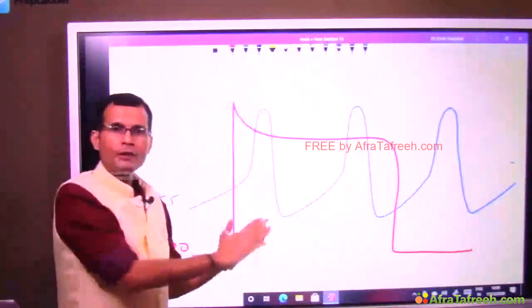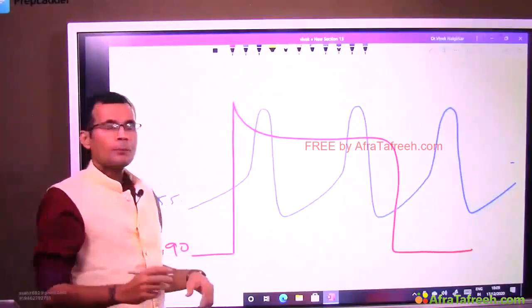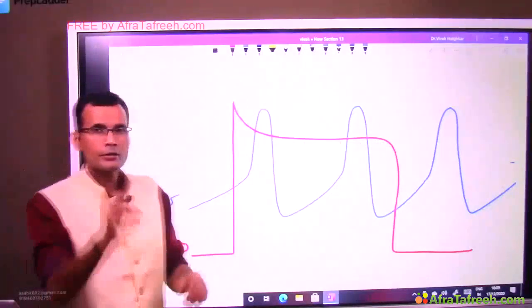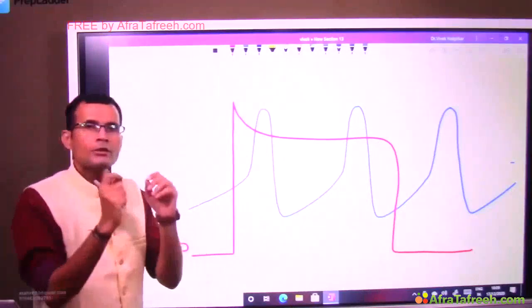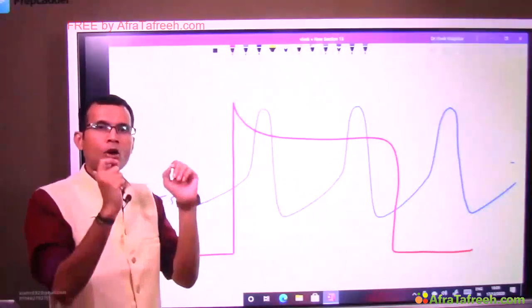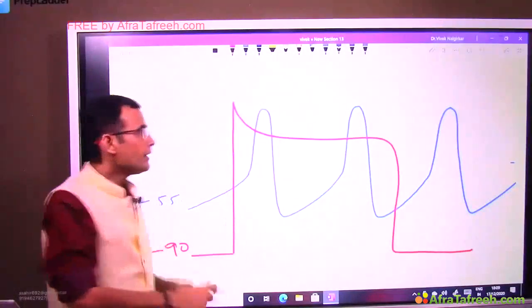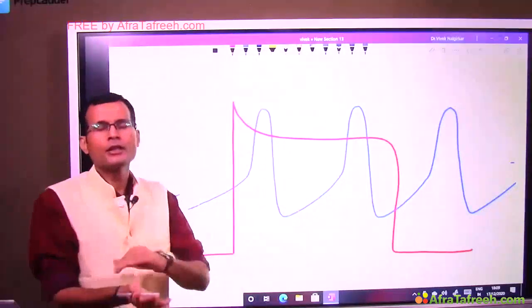Overlapping it, compare it. The point that I am trying to make is, now listen to this part carefully, don't miss it. The natural rhythmicity of the SA node is twice that of the Purkinje fiber, or let me put it the other way around.